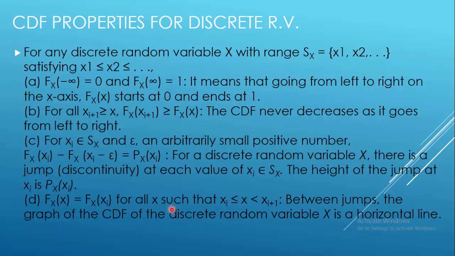There are certain properties for a discrete random variable. For any discrete random variable x with range from x1 to x2, x1 must be less than or equal to x2 and so forth. It means it must be in ascending order, and the values must be between 0 and 1.